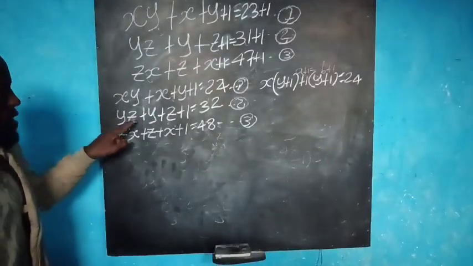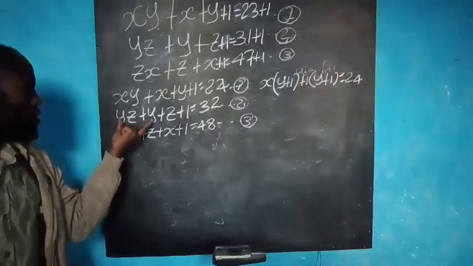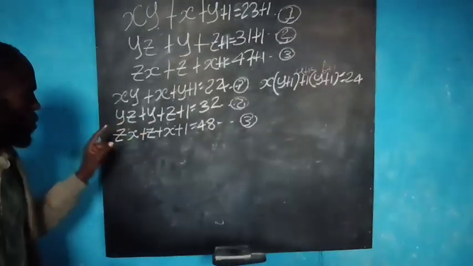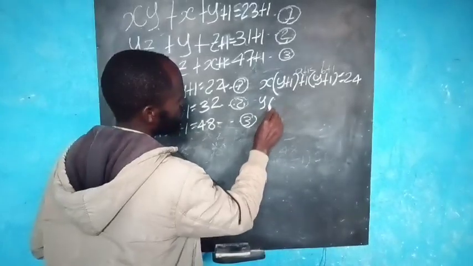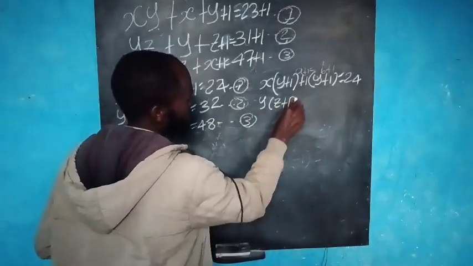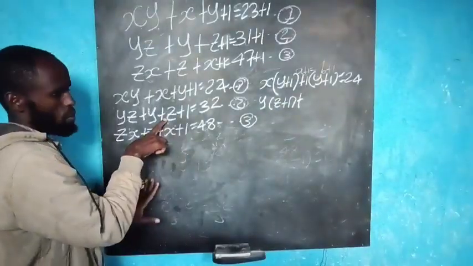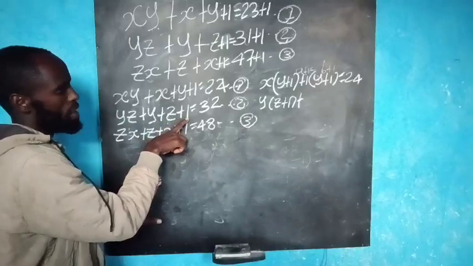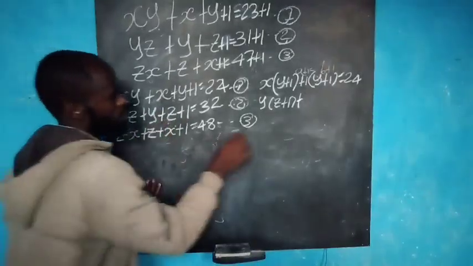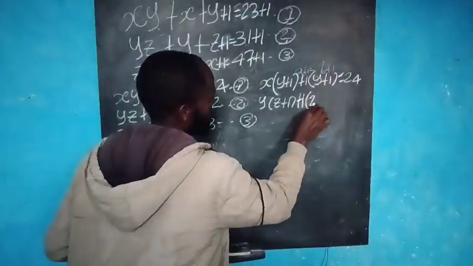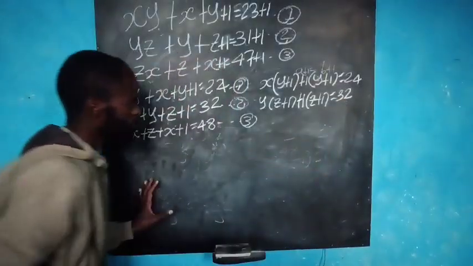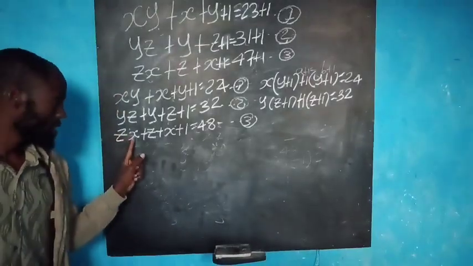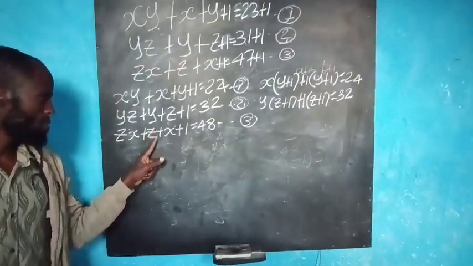Also, in yz plus y, the common factor is y. So y times z plus 1, plus 1 times z plus 1, equals 32. In zx plus z, the common factor is z.